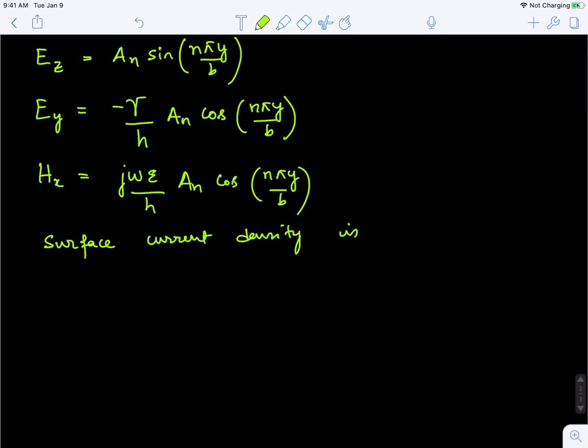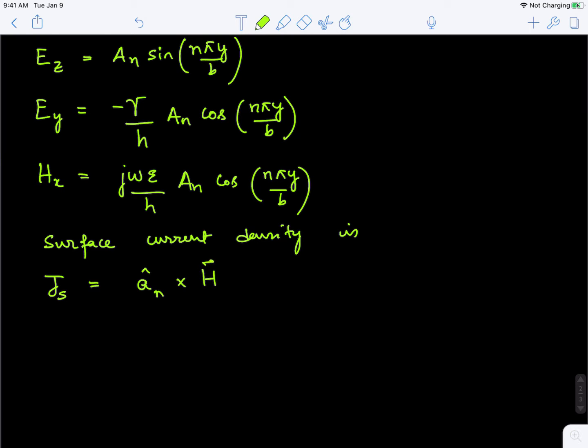We know that surface current density Js is equal to the surface normal of the plate cross product with the H field.